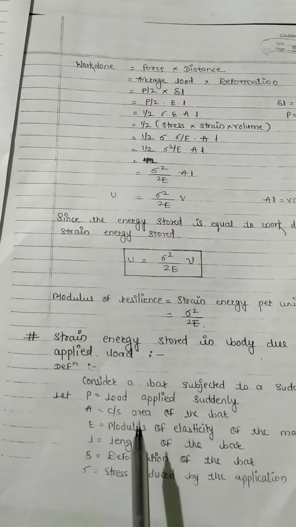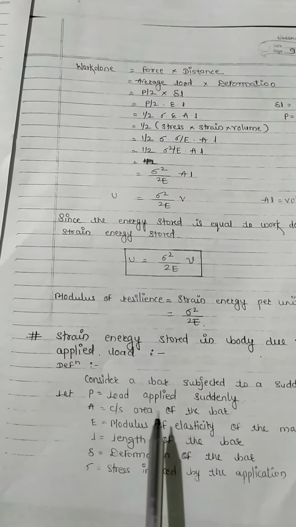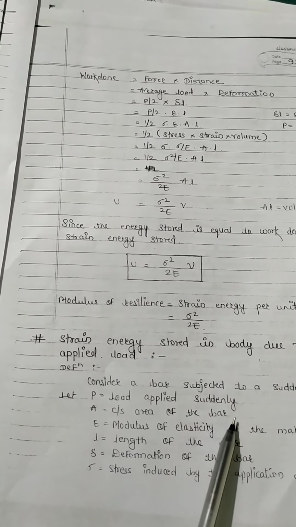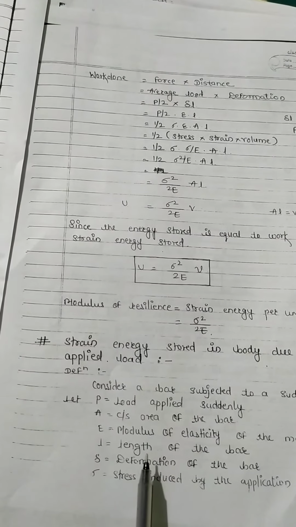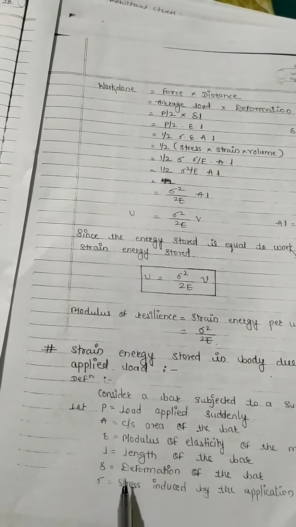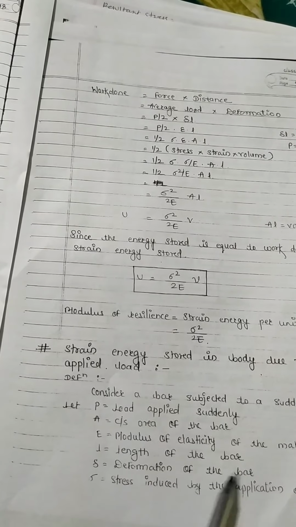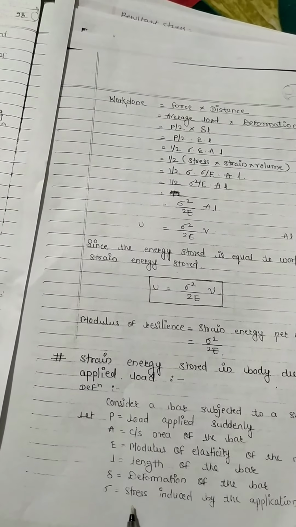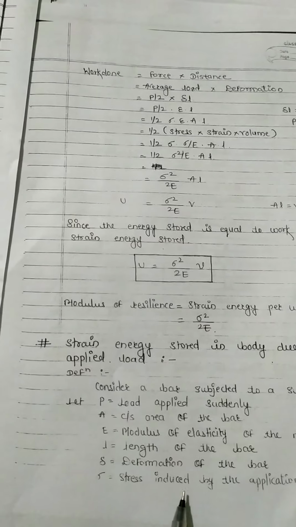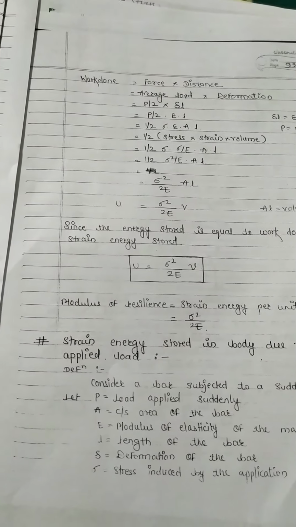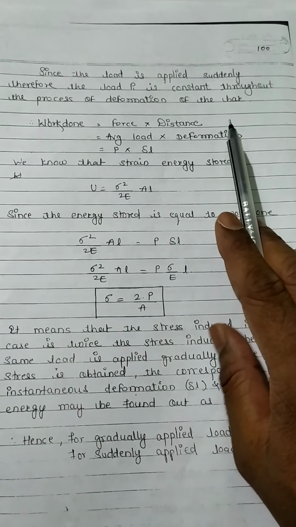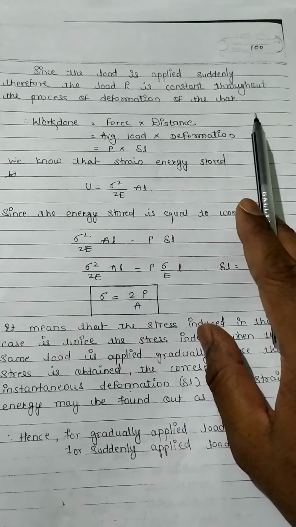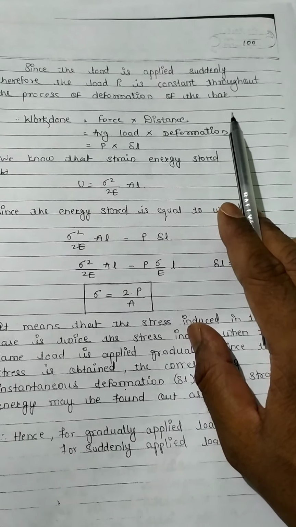Let P be the load applied suddenly, A the cross-sectional area of the bar, E the modulus of elasticity of the material, L the length of the bar, delta L the deformation of the bar, and sigma the stress induced by the application of sudden load. Since the load is applied suddenly, the load P is constant throughout the process of deformation of the bar.